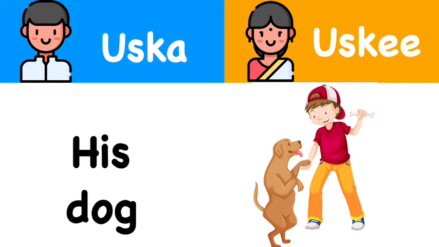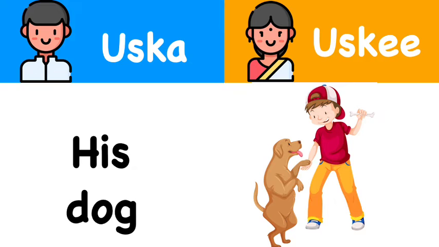Now, you might be thinking to yourself, but that doesn't make any sense, because if you're talking to somebody or about someone, and one time you're talking about a boy and another time a girl, but it's the same word, uska, then how does the person know if you're talking about a boy or a girl? Well, that's a really good question.